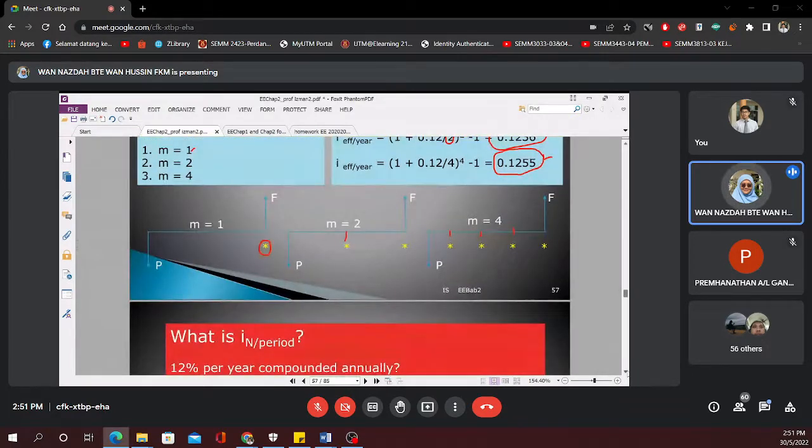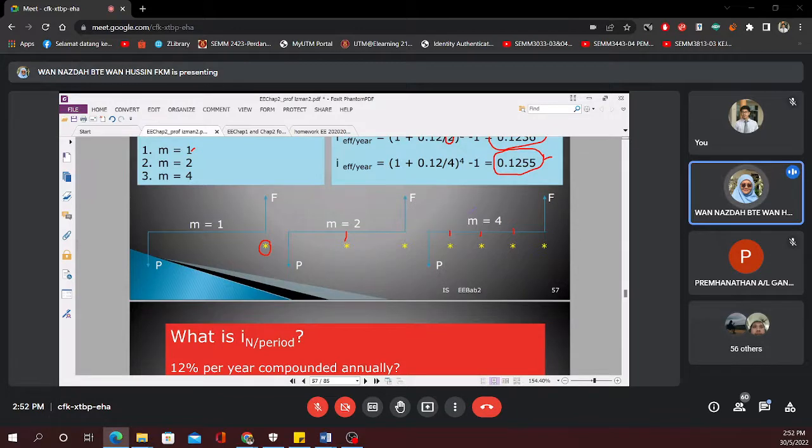Alright, so there is a star here. The star here is to show the number of times that the bank charges you. If M equals to 1, meaning that for the whole 1 year, only once the bank charges interest to you. If M equals to 2, meaning twice that year.